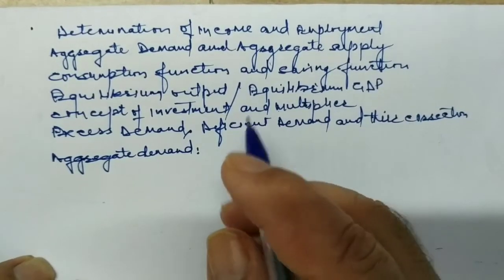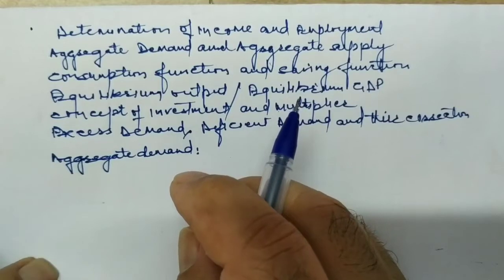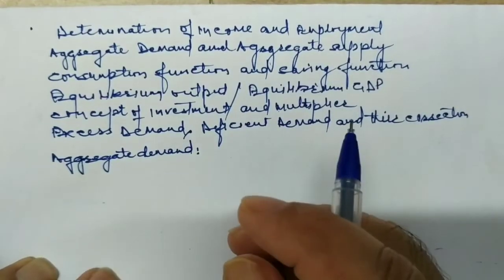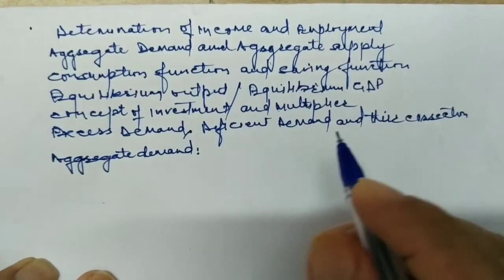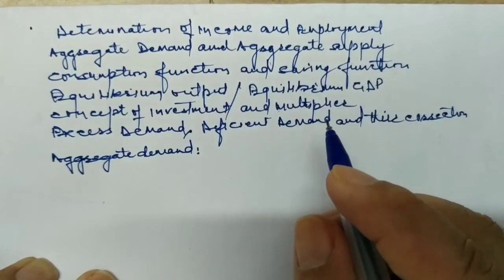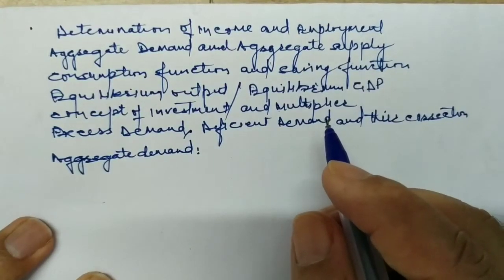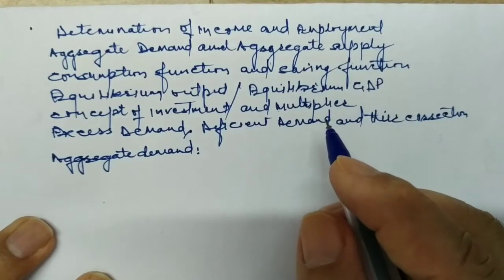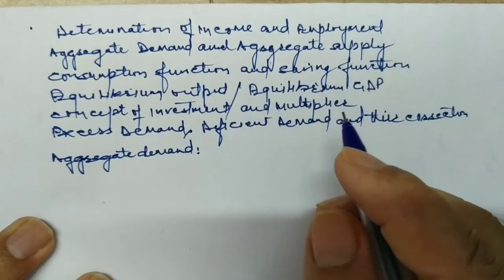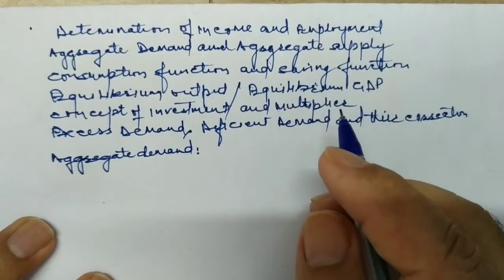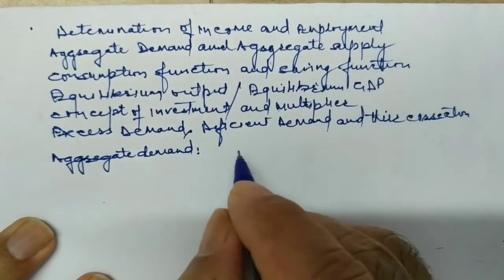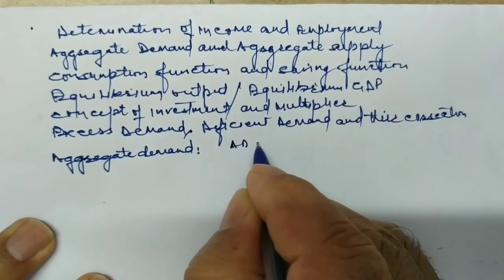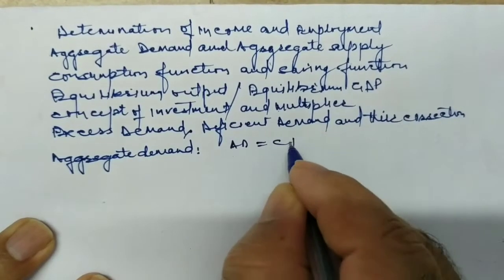Generally, this period of time is known as 1 year. So, total expenditure, that is aggregate demand, is measured as the sum total of consumption expenditure, that is C, and investment expenditure, I. Hence, AD is equal to C plus I.